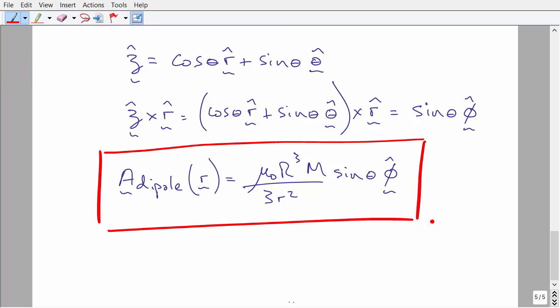Okay, so to complete our calculation of the magnetic field well distant from the sphere, all we need to do now is to calculate the curl of the vector potential, but we need to do this in spherical coordinates. So let's write down all the components in spherical coordinates and have a look at how we complete this calculation.